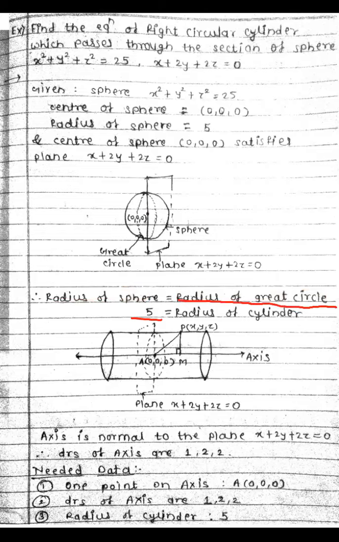And one cylinder is passing through that great circle. Then the radius of the cylinder is also 5. Clear here? You can imagine this or look at this figure. If this is a dotted circle obtained after the intersection of the sphere with the plane, then this circle looks similar to the cylinder base.